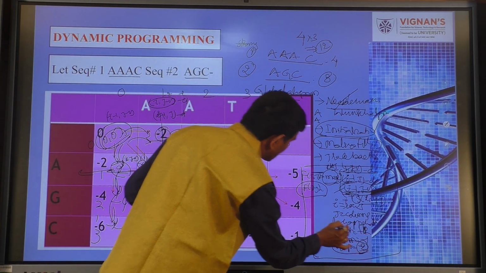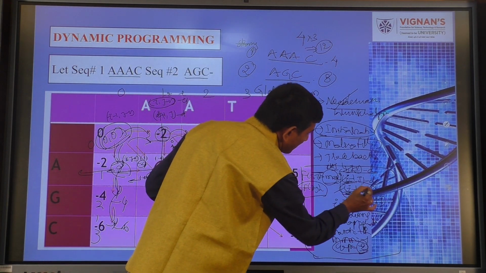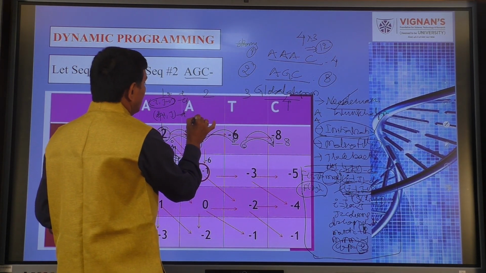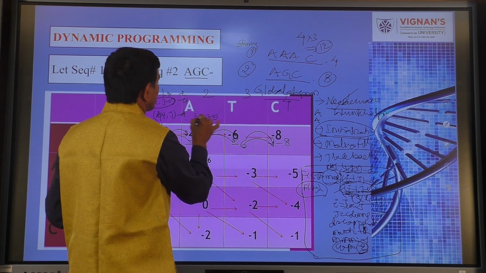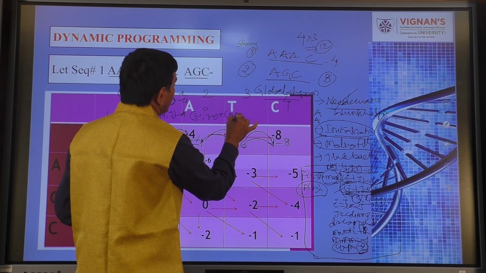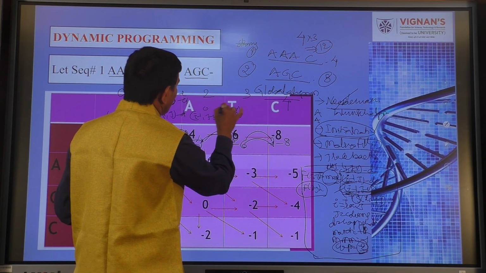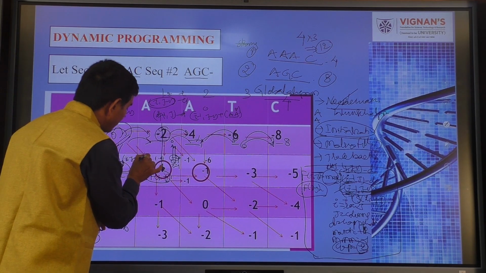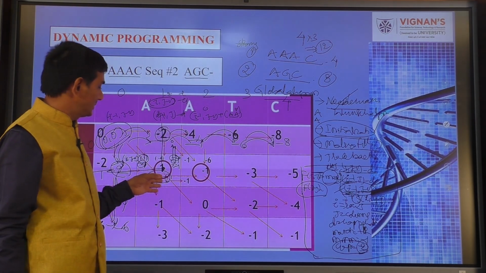So, i minus 1 comma j minus 1 is 0, plus the row coordinate is A and the column coordinate is A. It is a match, a positive value of 1. So, from the diagonal direction the value is 1.